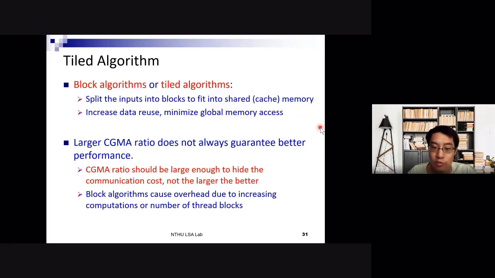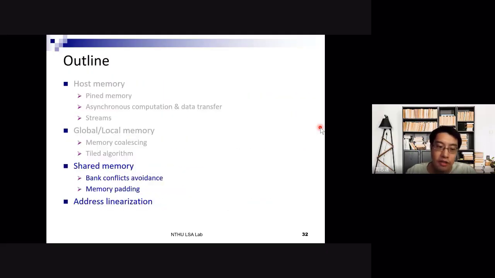You have many ways to partition the data, and you can always follow what we introduced to analyze whatever method of partition, and also test the performance to see exactly which partition or what size of the tile width can give you the best performance. Okay, so there's always a lot of tuning you could do for a specific case on a certain GPU architecture. All right, so that's the introduction of tile algorithm.